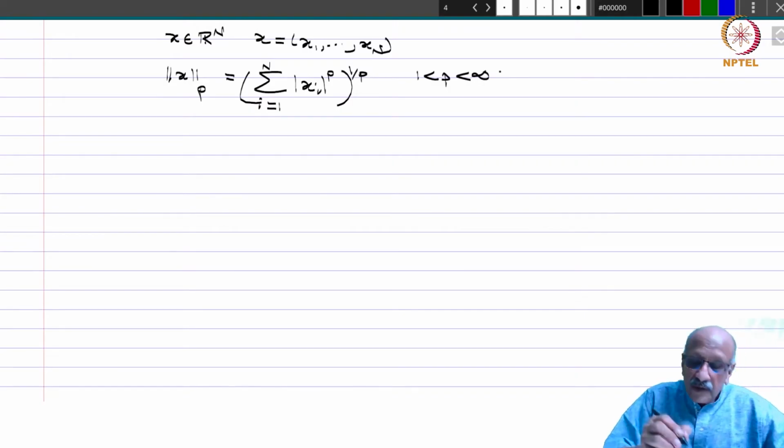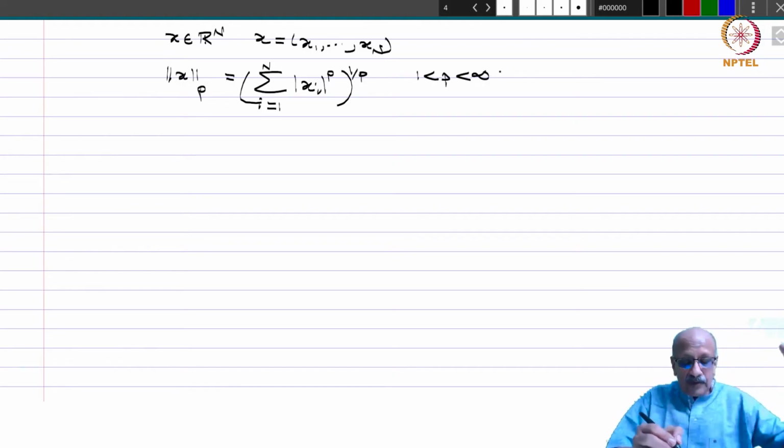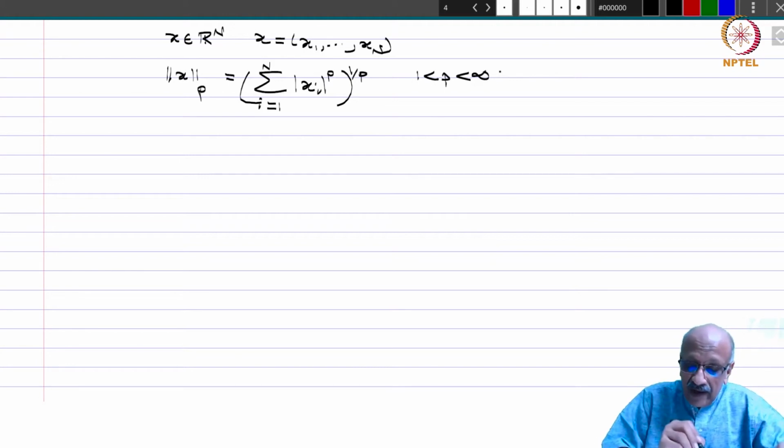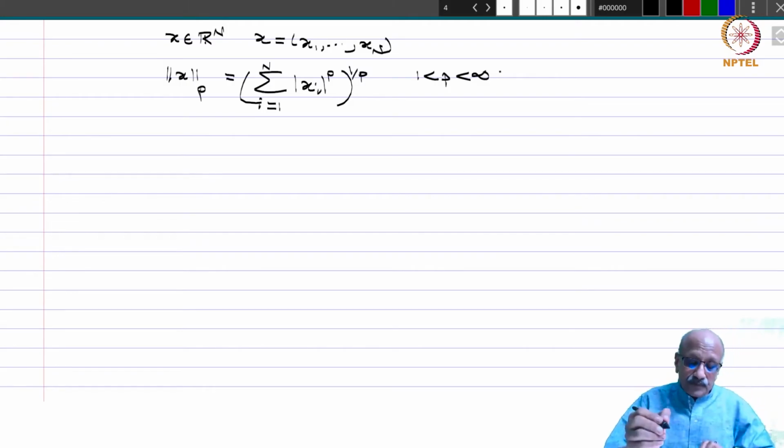We want to show that this satisfies the triangle inequality, so that this will define a norm. We also saw that if this defines a norm, then R^n with this norm is in fact a complete normed space, or in other words, a Banach space.